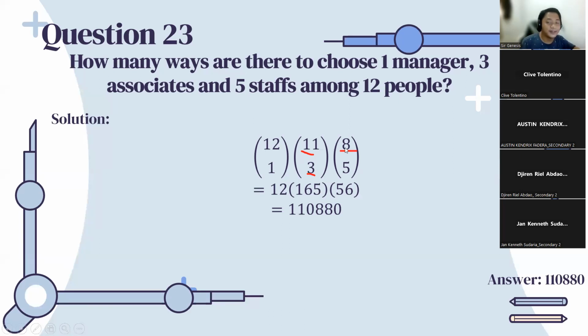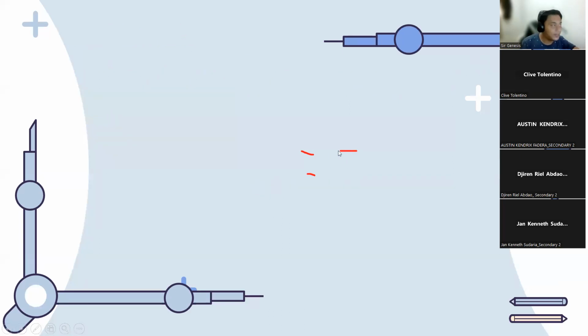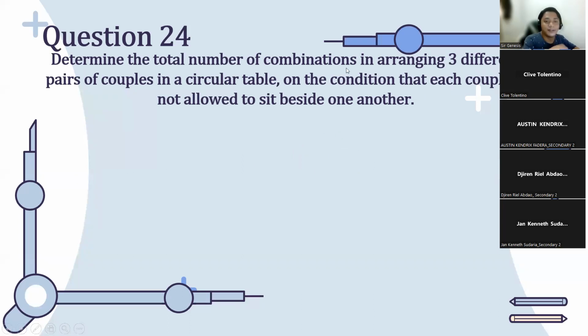Okay. So next, we have number 24. Determine the total number of combinations in arranging 3 different pairs of couples in a circular table on the condition that each couple is not allowed to sit beside one another. Okay. So first question is, how do we arrange the 3 couples in a circular manner? That will just be using the circular permutation, which is n minus 1 factorial.